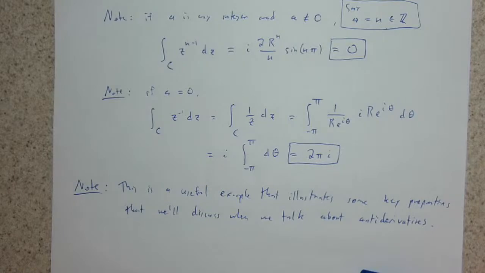Maybe with any closed contour taken in this way, I would get the same result. But we won't see exactly how this all works out until a little bit later. This is a good example, and we're going to be returning to it because it illustrates basically exactly what's going on.